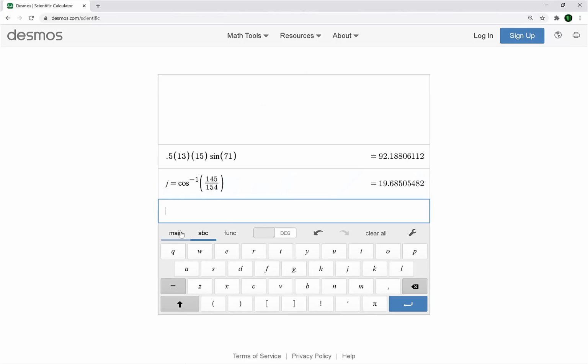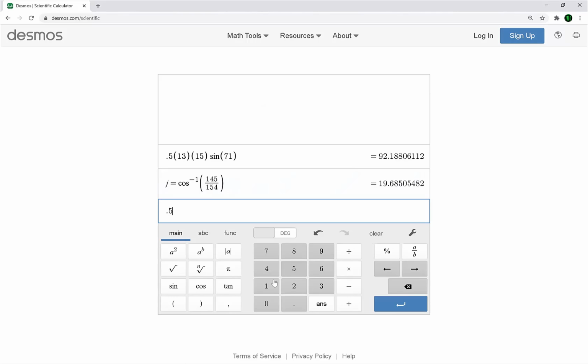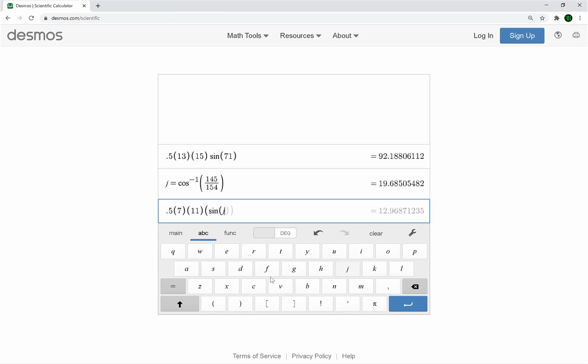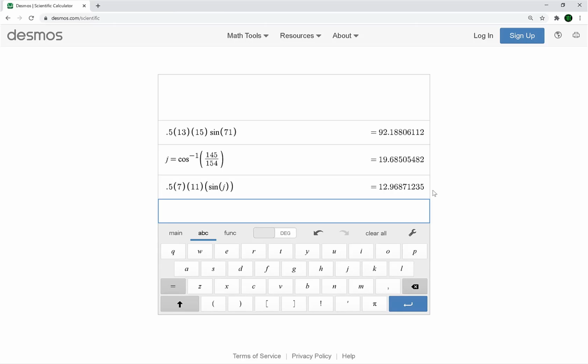So let's see. 0.5 times 7 times 11, I think it was. Sine, oh, hold on. Let me go back. I think it's still calculated correctly because it's all a product. Sine of J. Close. So there it is. 12.968.